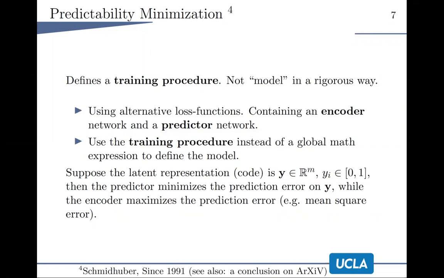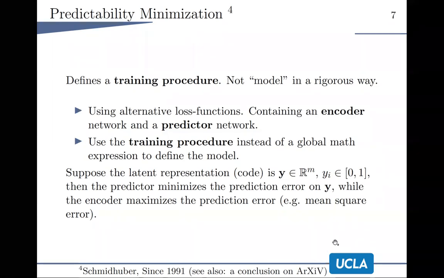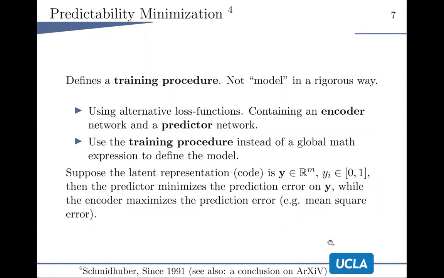The link I put here is a summary written by the author himself. And I think he is trying to claim that generative adversarial networks basically inherit the idea of this predictability minimization.